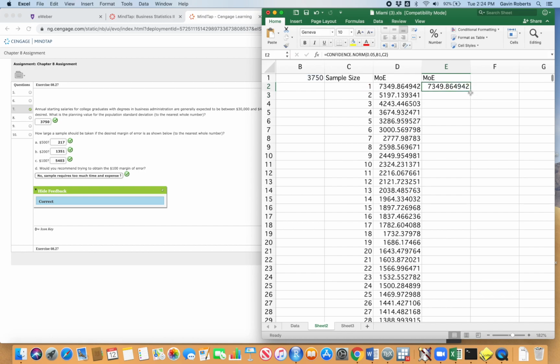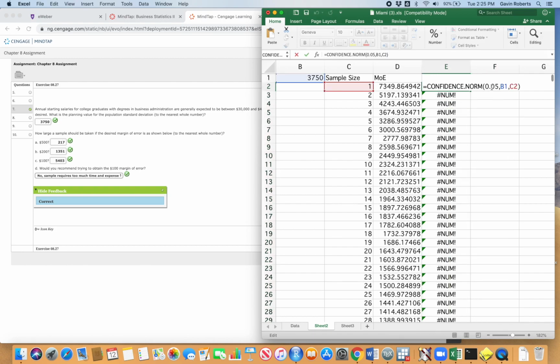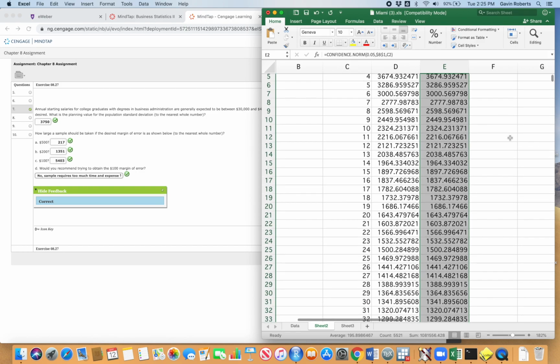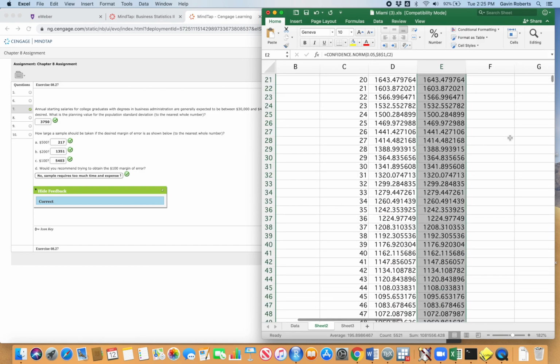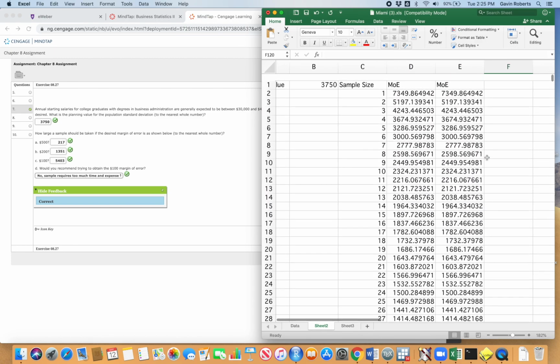Boom, we got the same numbers. Let's see if they keep going. No, this is what happens when you don't lock the cell. Lock it. There we go. Now things are looking better. Let's check a random one. Is this the same number? It is. That's another way to do it.